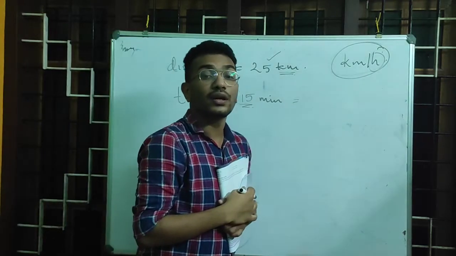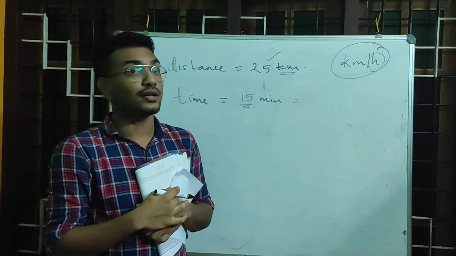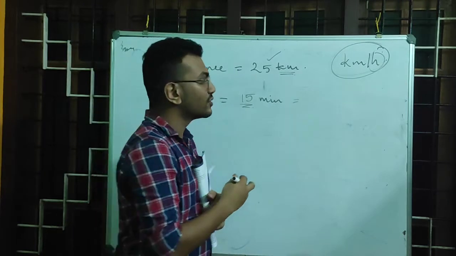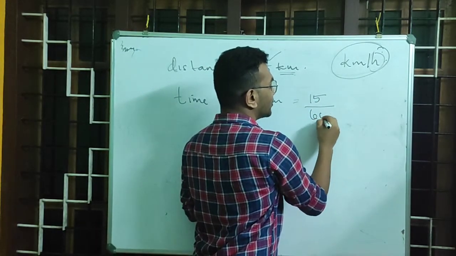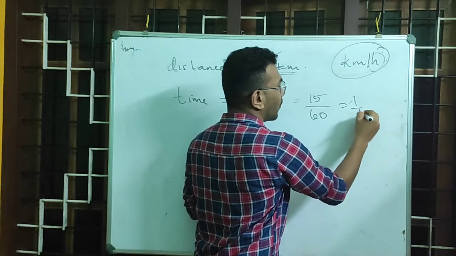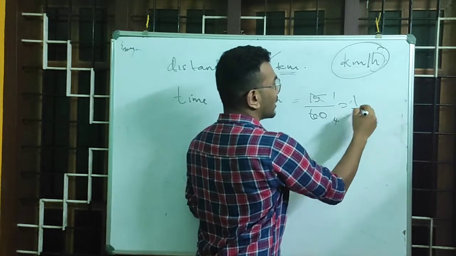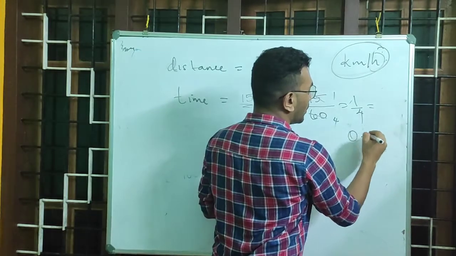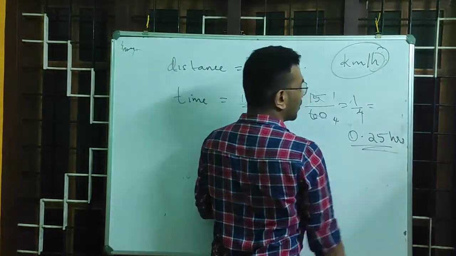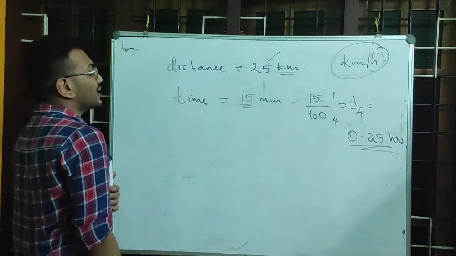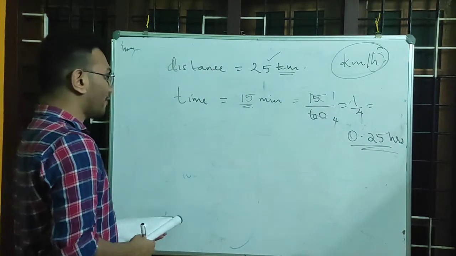We'll have to divide by 60 because it is minutes to hours. So 15 divided by 60 is equal to 1 by 4, that is 0.25 hours.